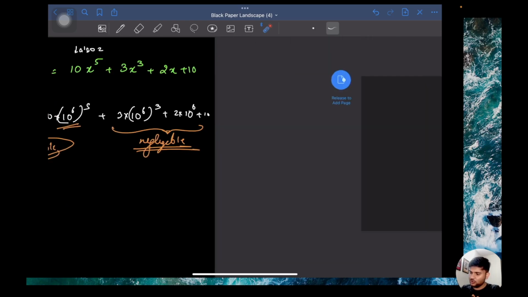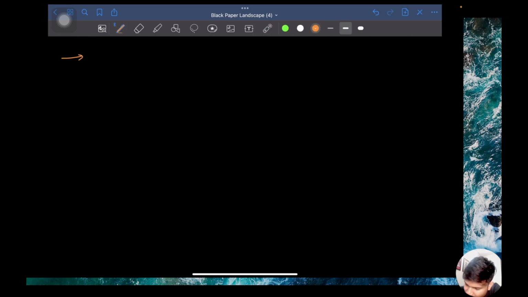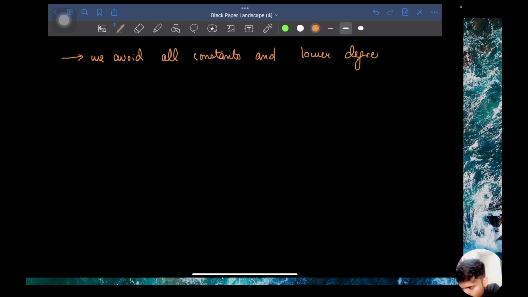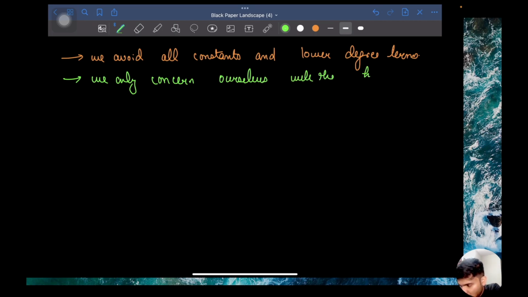That is why in asymptotic notation, what we do is we avoid all constants and lower degree terms. We only concern ourselves with the highest degree term.